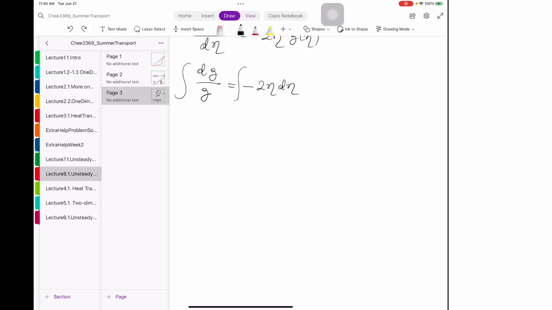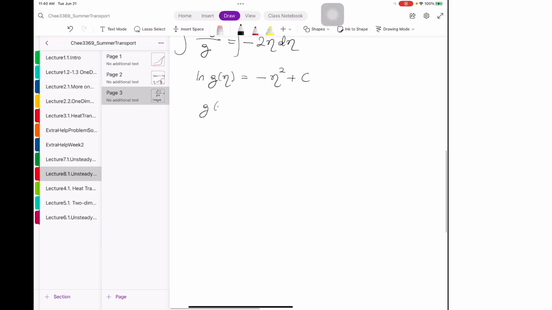And you get logarithm of g of eta is equal to negative eta squared plus c. And then from here, you find g of eta is equal to exponential of minus eta squared times exponential c, but the exponential c, you can call it another constant, which is c prime.